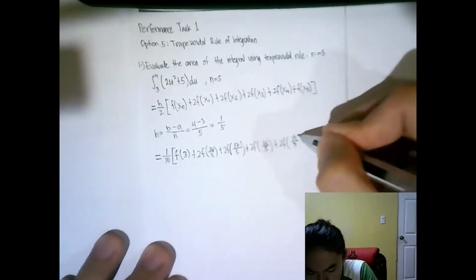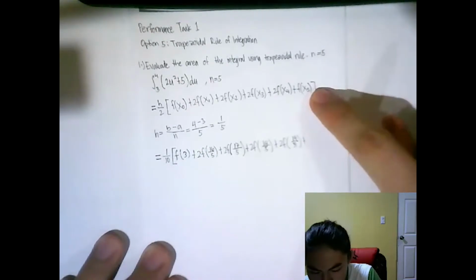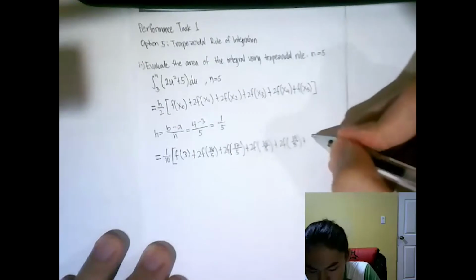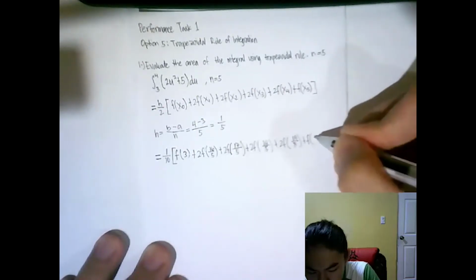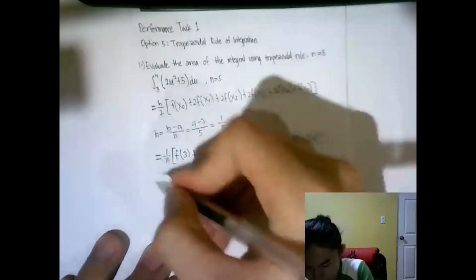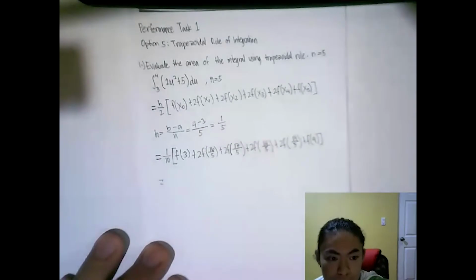Plus 2f, 1 over 5 plus 18 over 5 is 19 over 5. And ang ating last term, f of x sub 5, is yung ating upper limit, which is yung 4. So, we will put f of 4 for the last term.